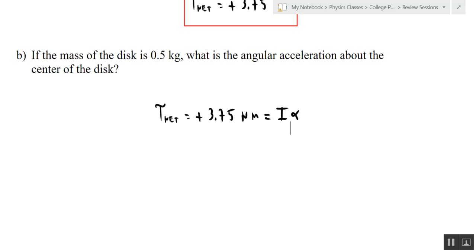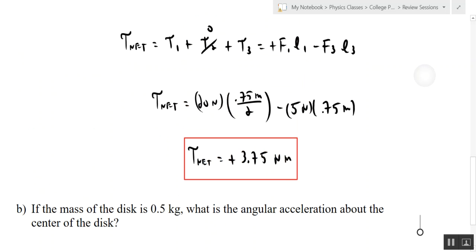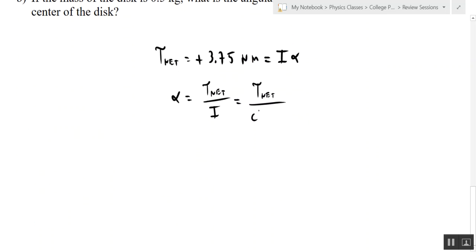So alpha, which is the thing we're trying to find, is the net torque divided by the moment of inertia. That's all it is. Now, the moment of inertia for something spinning about the center is c times mr squared.